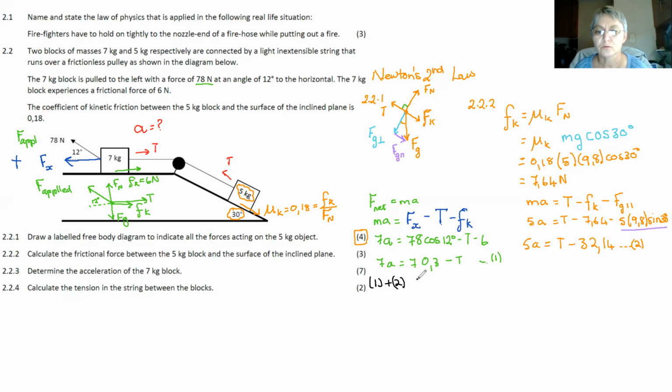We get 12a equals, tensions cancel, and this is 32.14 subtracted from 70.3, and you get 38.16, and you divide that by 12 to get the answer of 3.16 meters per second squared, and it would be to the left.